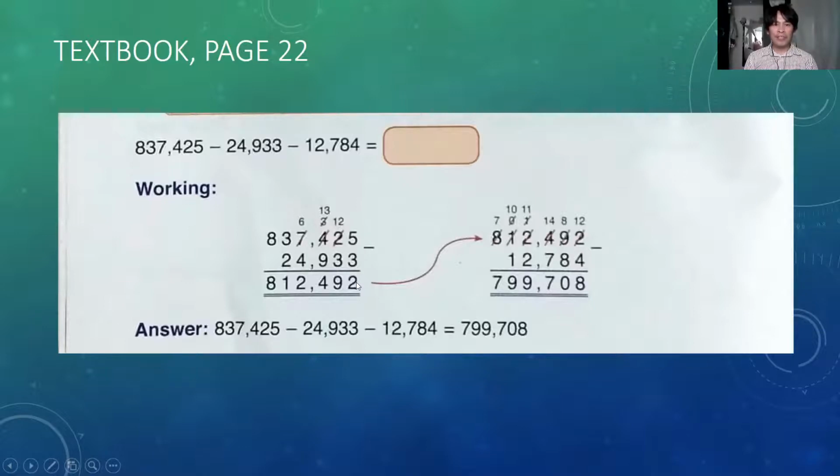So 5 minus 3 is equal to 2. 2 becomes 12. 12 minus 3 is equal to 9. 4 becomes 3, which becomes 13. 13 minus 9 is equal to 4. 7 becomes 6. 6 minus 4 is equal to 2. 3 minus 2 is equal to 1. And 8 minus 0 is equal to 8. Then using this difference, you have to write it here.